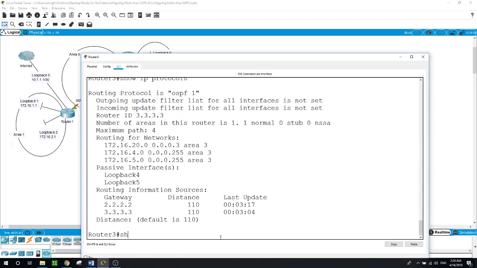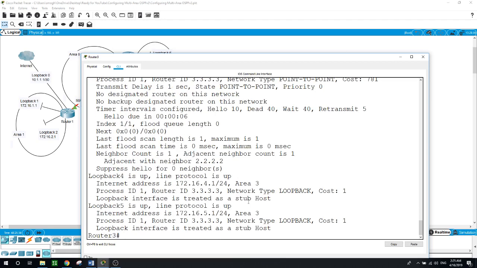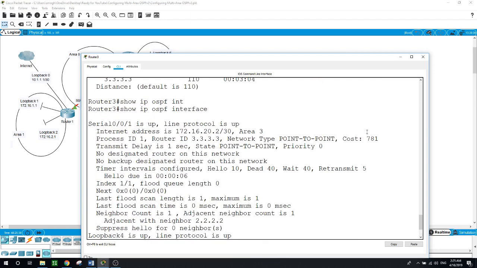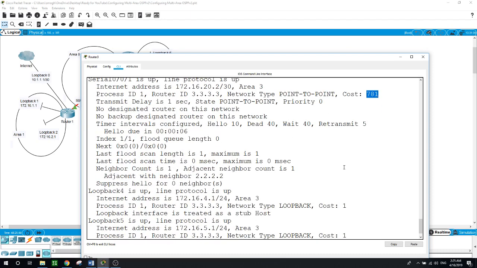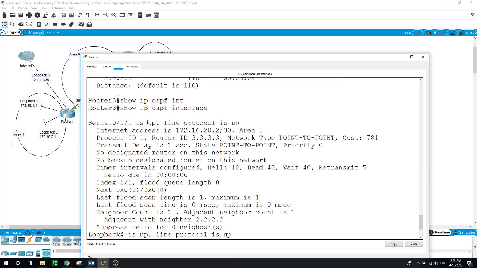Here on this command, show IP OSPF interface. For the serial, the cost is 781, but for the loopback, the cost is only 1. And everything is up and up.